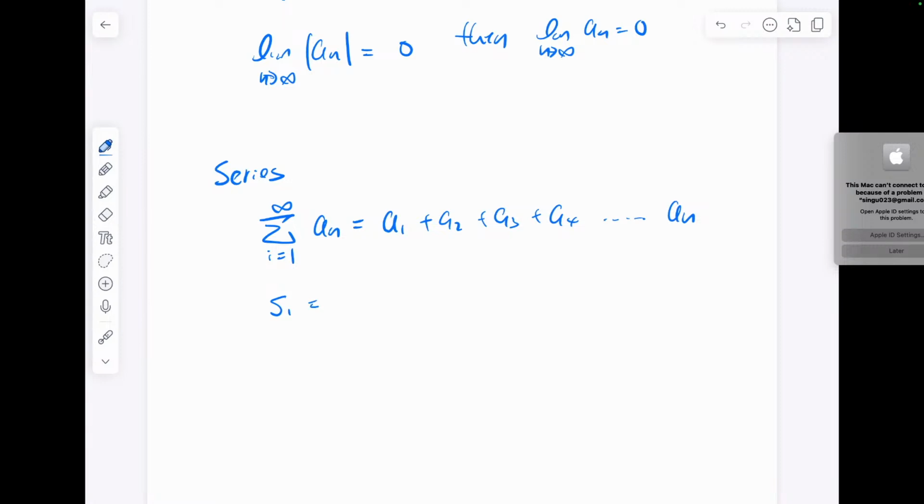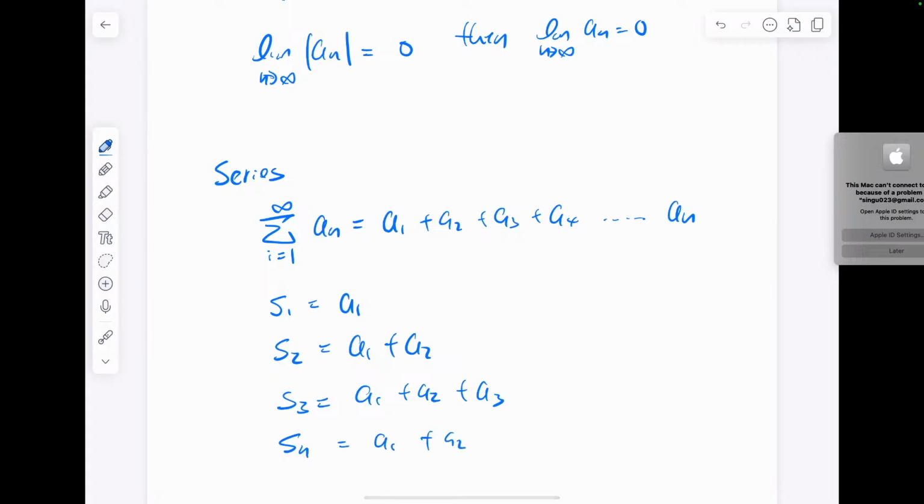So if I have S1, that just means a1. If I have S2, that means a1 plus a2. If I have S3, that means a1 plus a2 plus a3. Is that okay? If I have S_n, it is equal to a1 plus a2 plus a3 all the way to a_n.